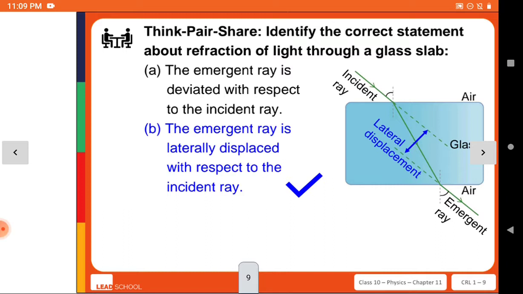That is correct, because the distance or displacement between the emergent ray and the imaginary incident ray is known as lateral displacement.